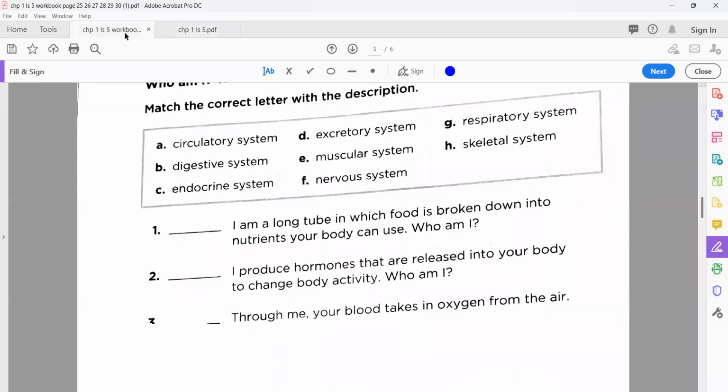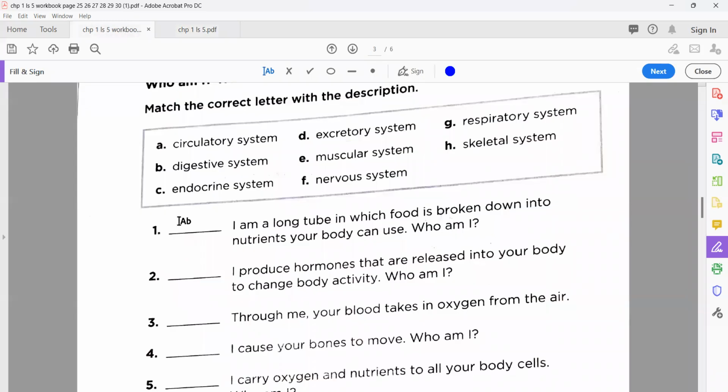So what do we call this? The best option is B, digestive system. Very nice.